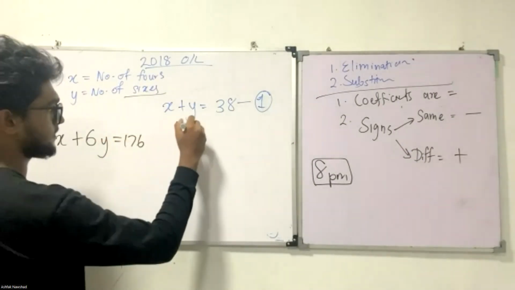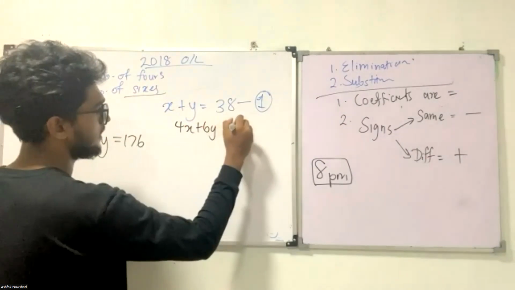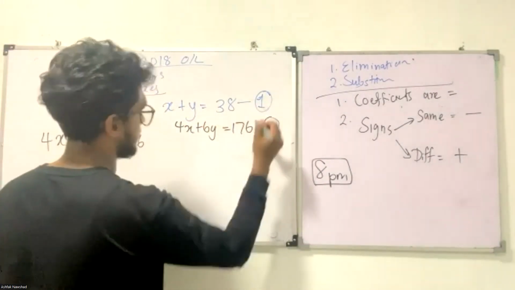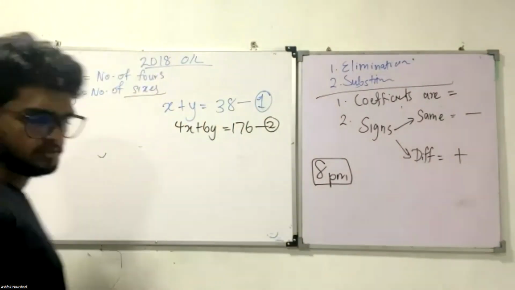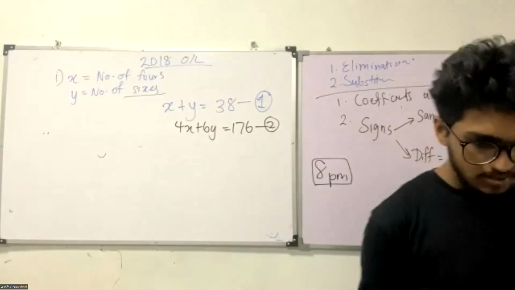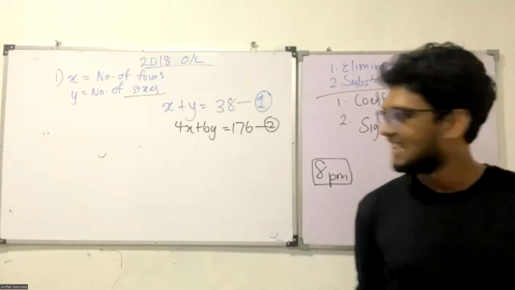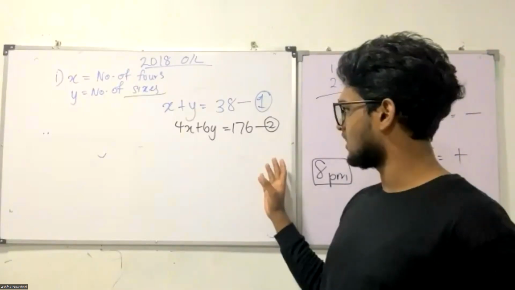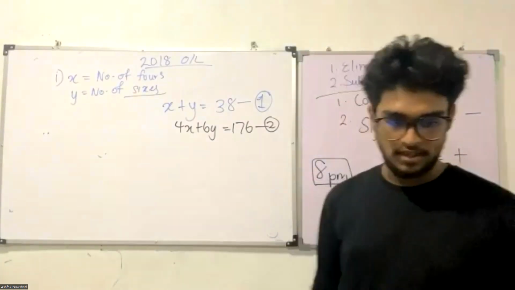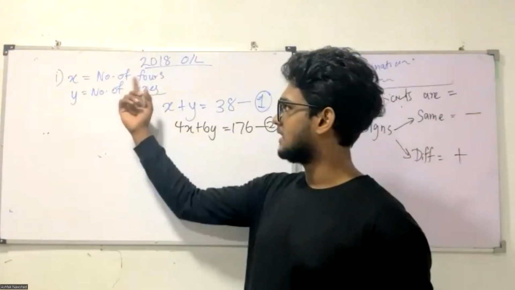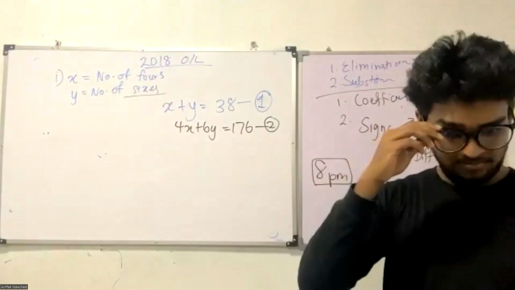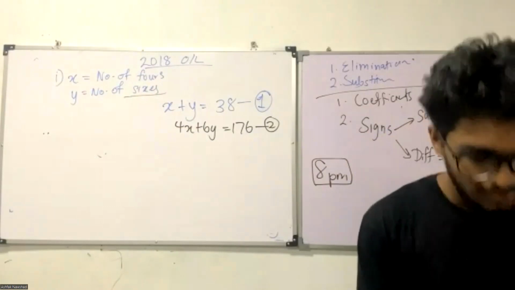So this is the second equation. 4x plus 6y is 176. That's clear, right? You don't have to know something about cricket to understand this. A 6 is 6 runs, right? Yeah, good.